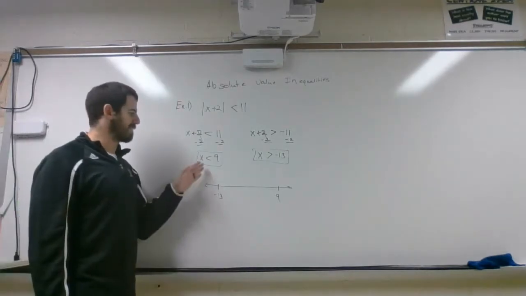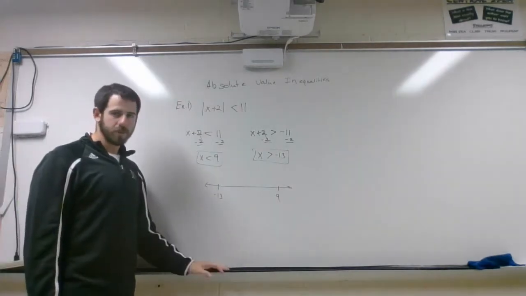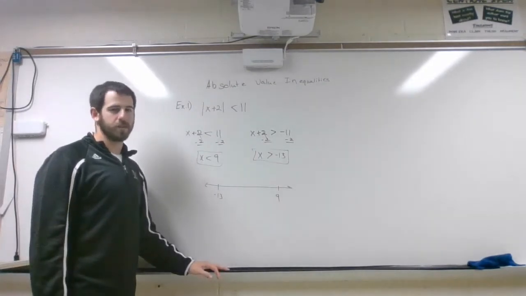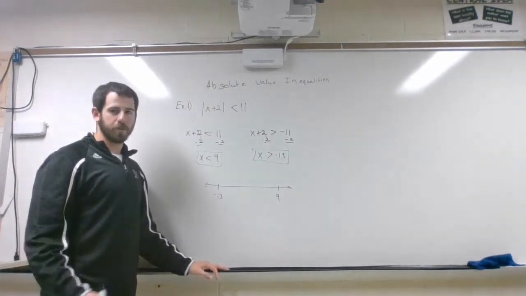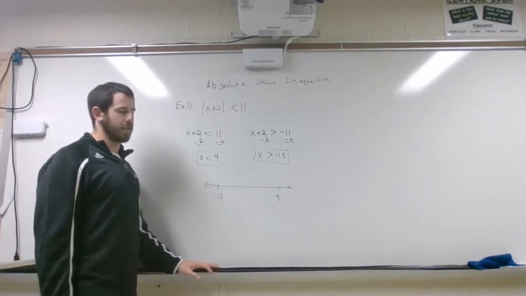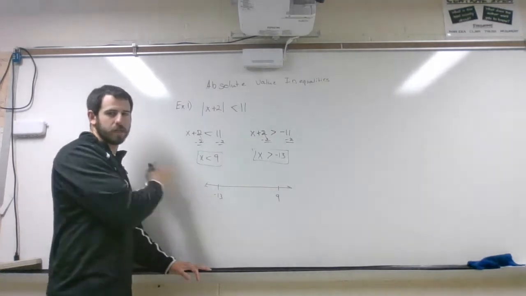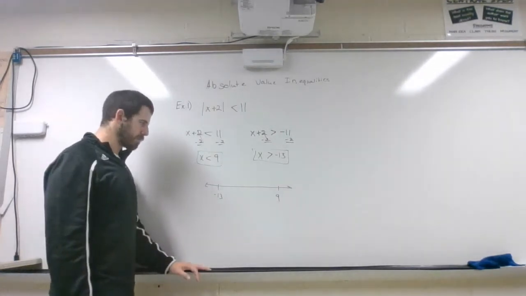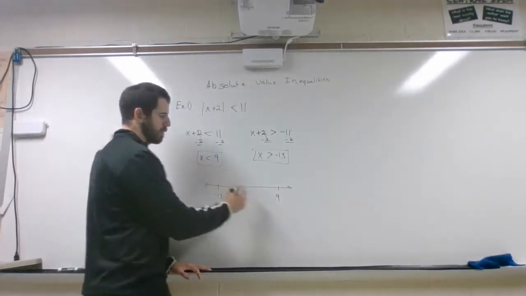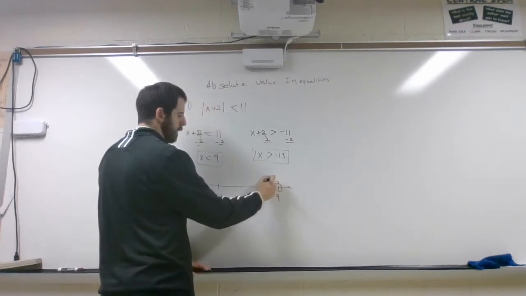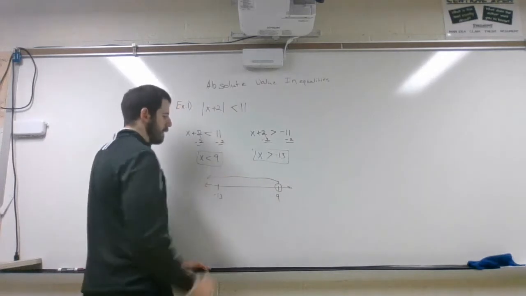So this first one says x is less than 9. Now, there's different ways to show it so it makes a little bit more sense. I'm going to use a combination of arrows and shading. Some people like the arrows, some people like the shading. So less than, it's just less than, so we have an open circle, and then that 9 is going to be shaded to the left.